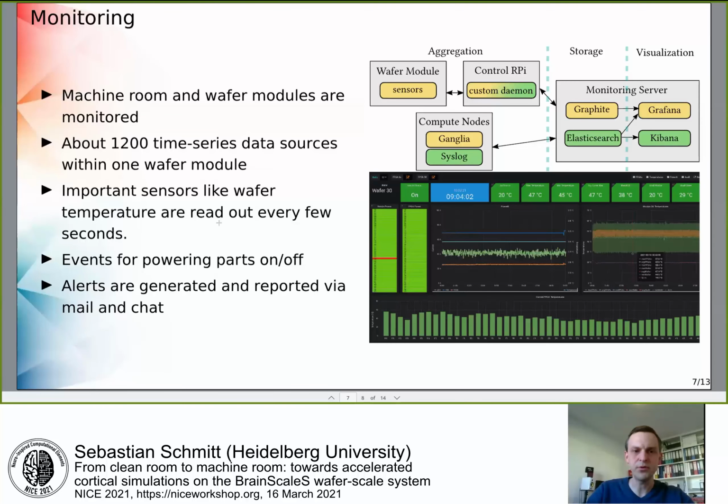For example, temperature sensors are read out every few seconds, and then there is, for example, an alarm triggered or even an auto shut off, and the alarms and alerts are then generated and reported via mail and chat. There are also events generated, for example, for powering on and off the system or the individual FPGAs, so that we know at every point in time what is the system, in which state is it, and what has been done in the past.